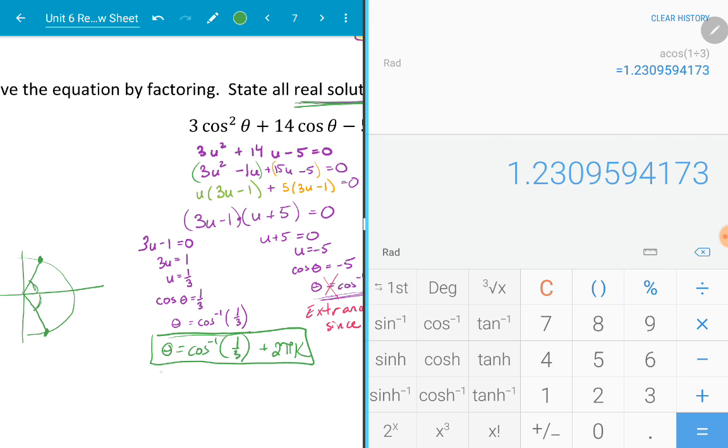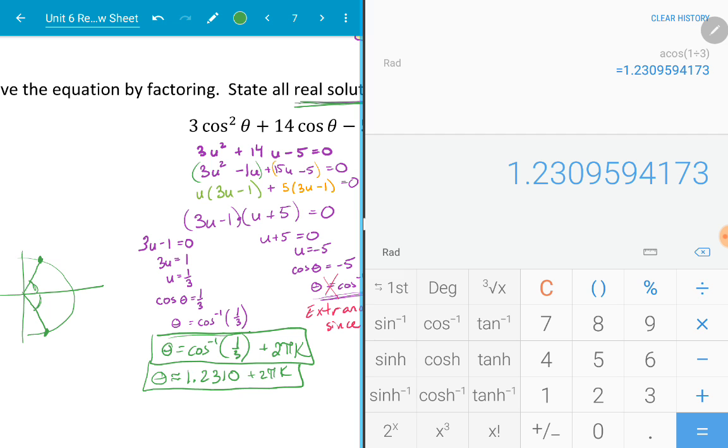So I get theta is approximately equal to 1.23, let's round that 9 up to a 10, so we get 1.2310. And we still want to add 2 pi k.